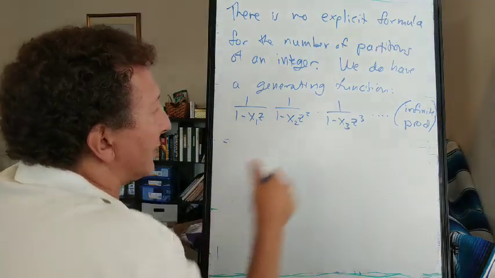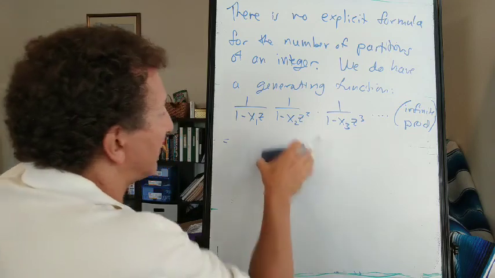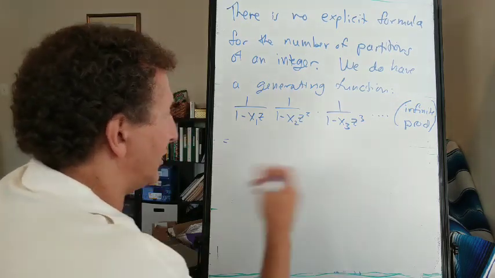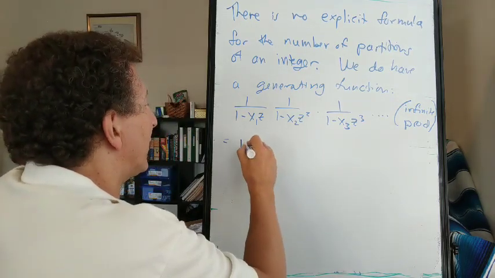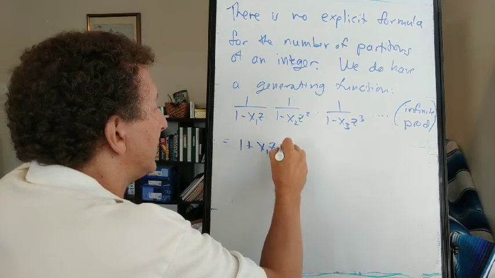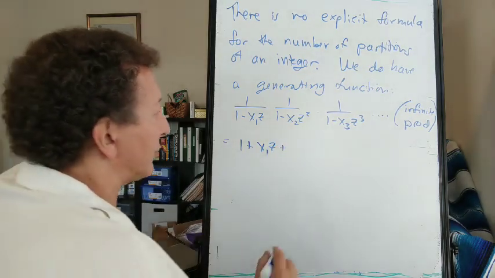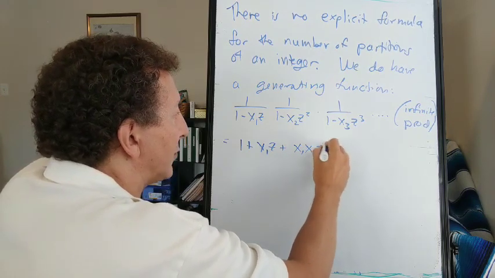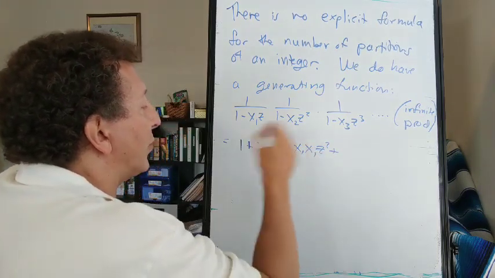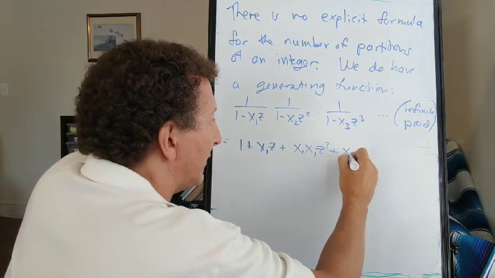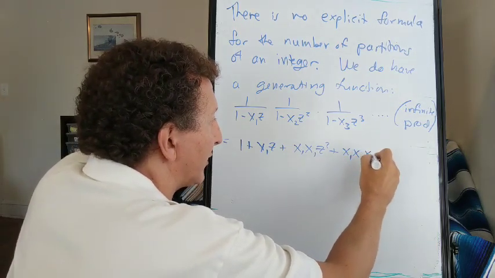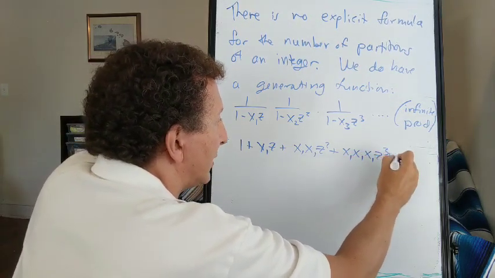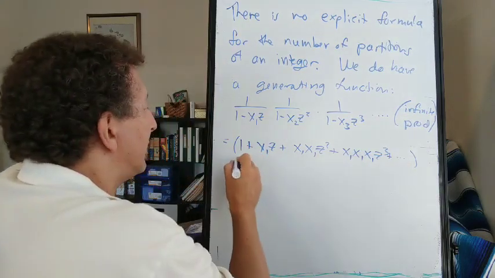Each of these we can expand as a power series by thinking of it as a geometric series. So this is 1 plus x1 z plus x1 squared z squared. For convenience, I'm going to write x1 z squared. And then x1 cubed z cubed. For convenience, again, I'm going to write x1 z cubed, etc.